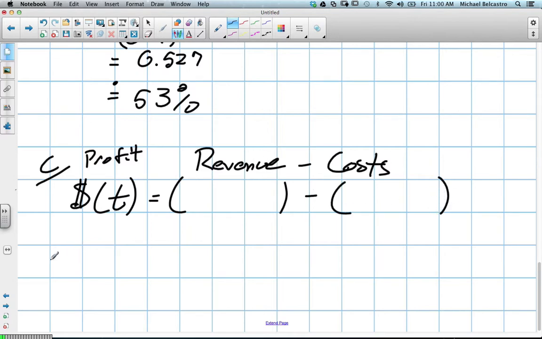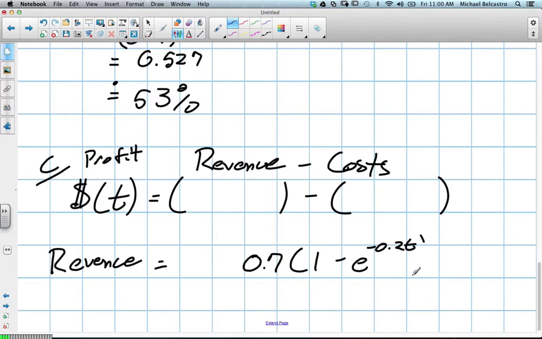So to start off, let's talk about our revenue. We have our original formula, which is 0.7 multiplied by 1 minus e to the power of negative 0.2t. I memorized it by now. They said our advertisement will reach 10 million people, which means, this being a proportion, a percentage, we will need to multiply this percentage by the population that it reaches.